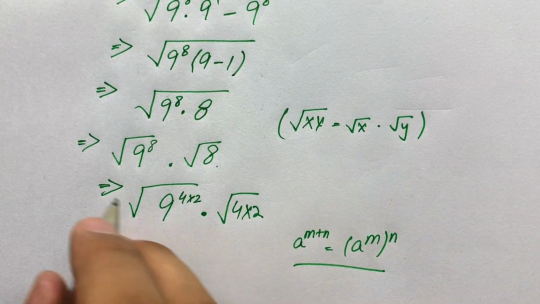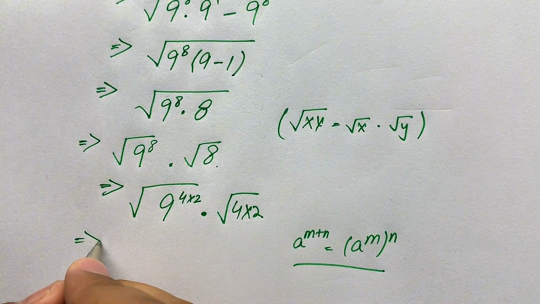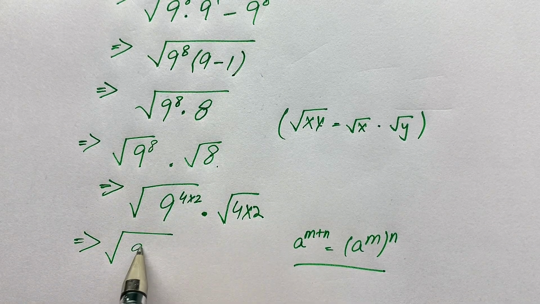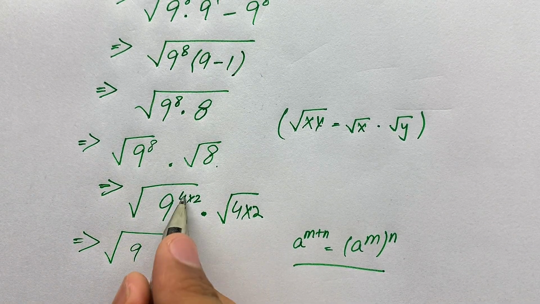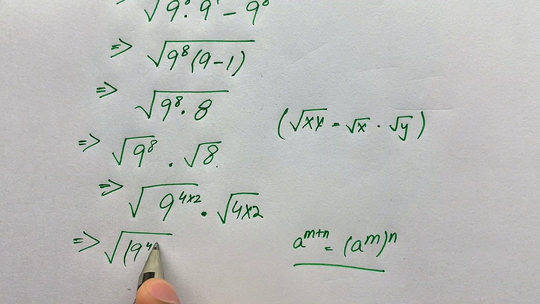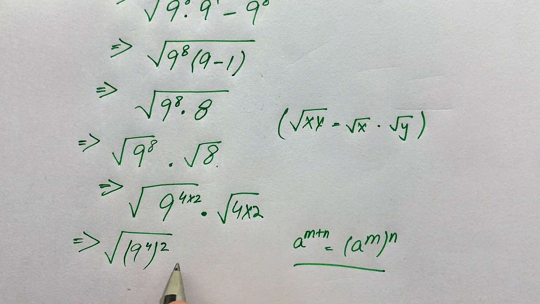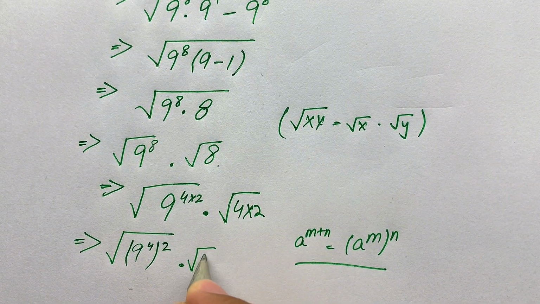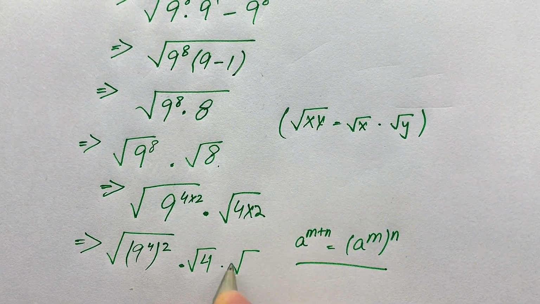After using this formula we get 9 to the power 4 under the root 2 into under the root 4 into under the root 2.